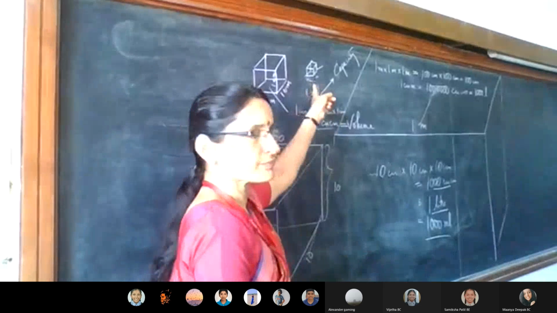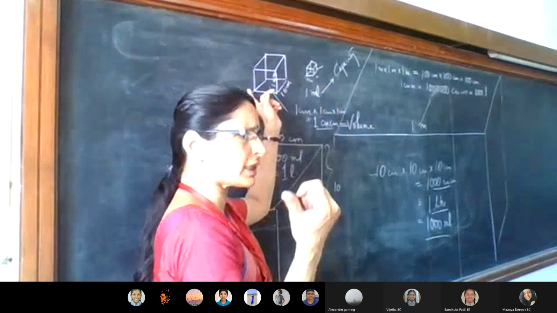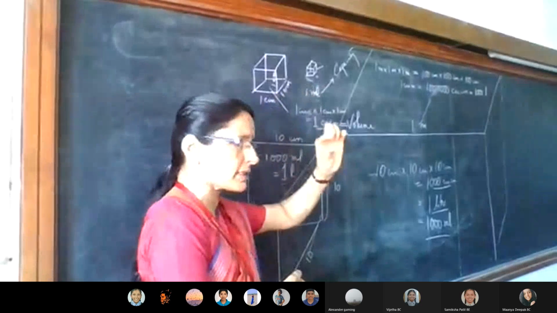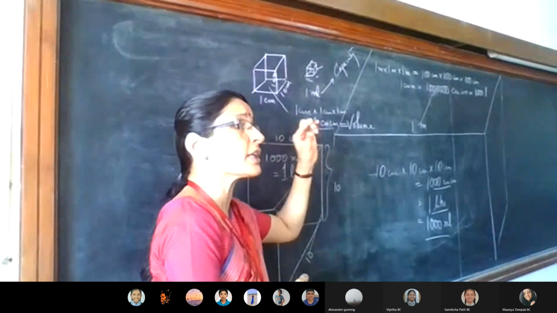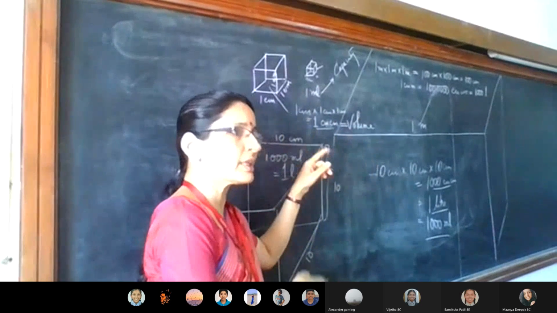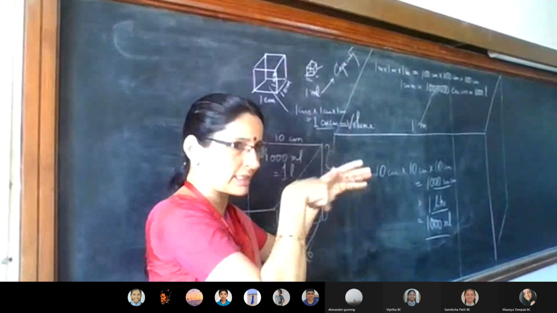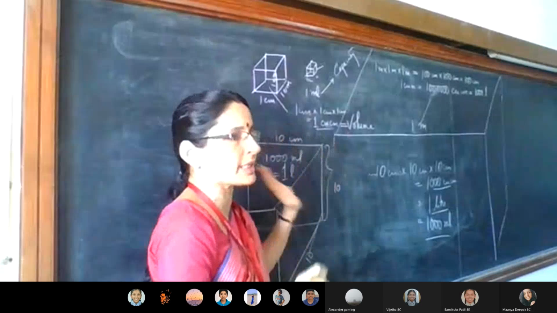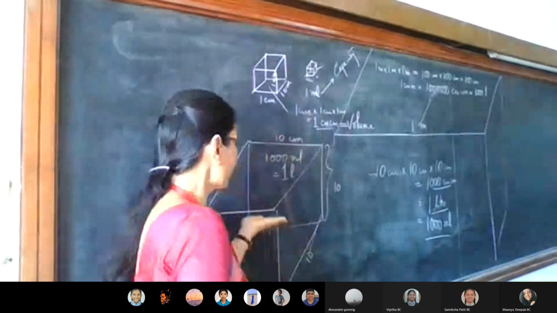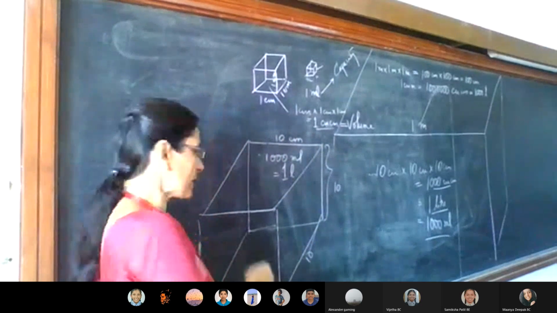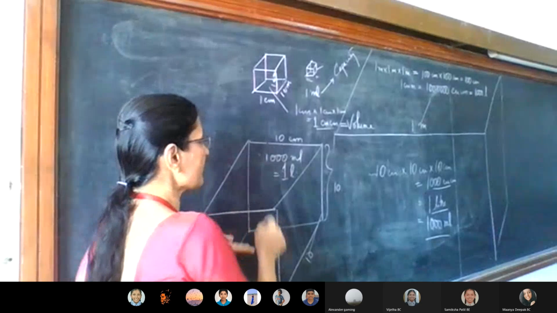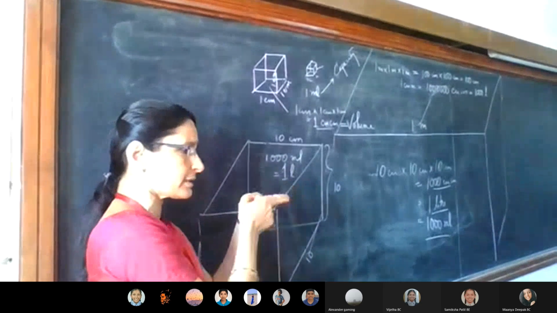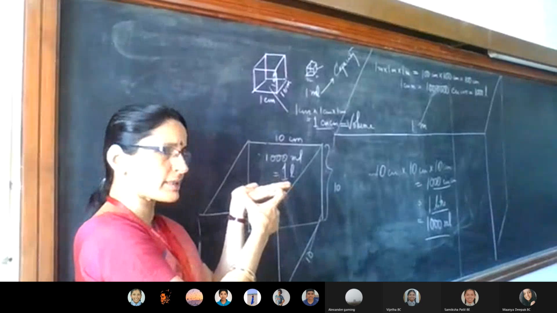Clear? I have drawn it bigger so that it is visible. Otherwise, it will just appear like a dot. So a small dice has 1 cubic centimeter volume, or if it is open instead of filled, then it will hold 1 ml liquid. Now, this which has a 10 centimeter edge, it won't be this big. 10 centimeter is almost this.